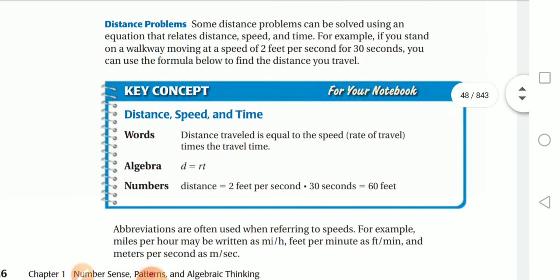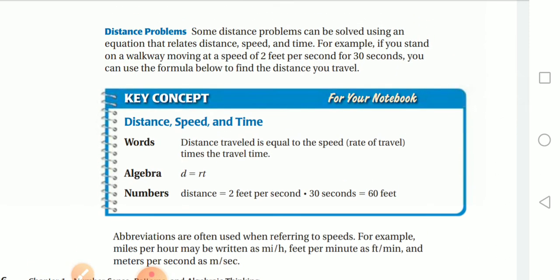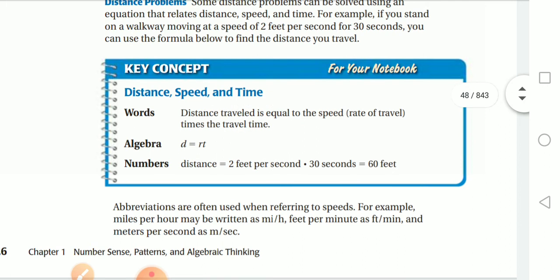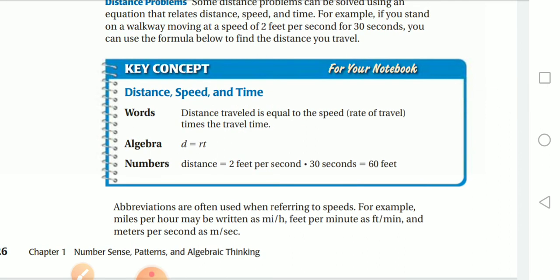Okay, distance problems. Some distance problems can be solved using an equation that relates distance, speed, and time. For example, if you stand on a walkway moving at a speed of 2 feet per second for 30 seconds, you can use the formula below to find the distance you travel. Write this in your notebook.